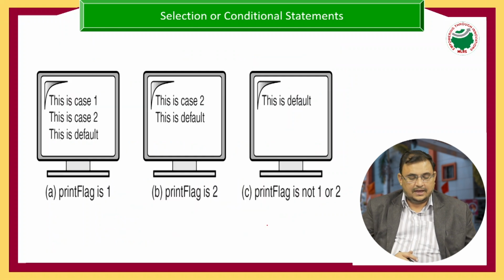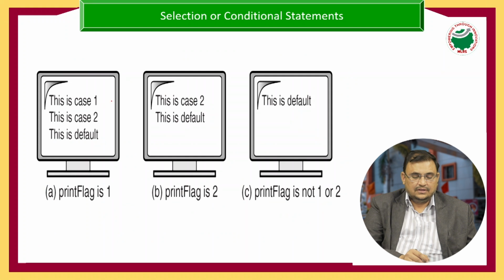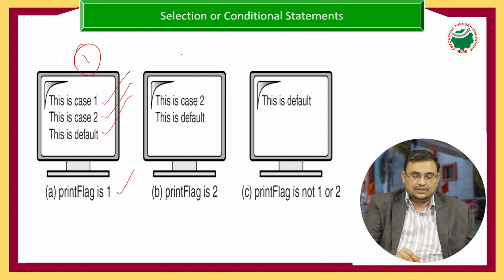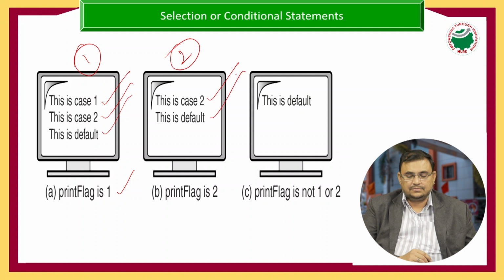If you go for the diagrammatic representation, if the test expression result is 1, it will print this is case 1, this is case 2 and default, including all. If it is 2, only case 2 will be selected, and after that default is also printed.